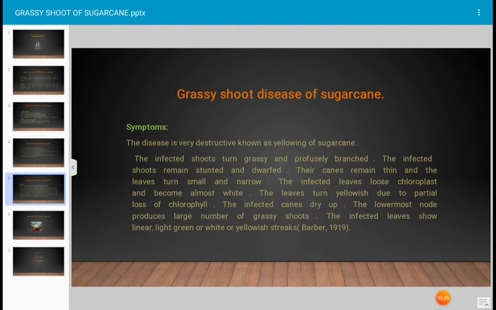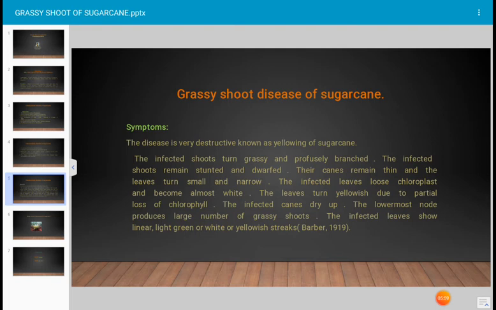The infected shoot becomes grassy in appearance because from a single bud, besides a single shoot, many shoots are developed, and it appears as a tuft of grasses. Such symptoms are caused by the pathogen.